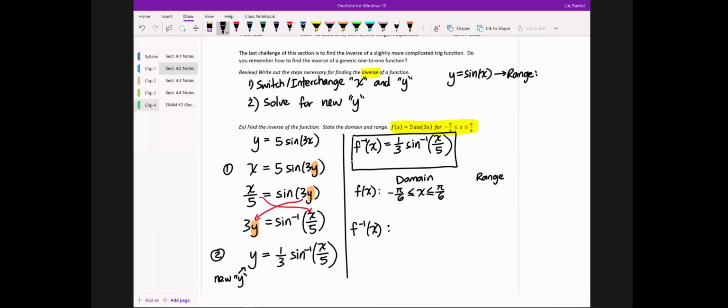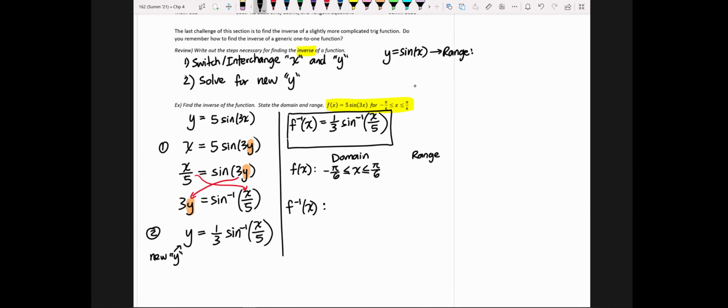Okay. We're going to Hector next. Hector, I think your mic is working, so please unmute. For our function, what transformations do we have? So what does that 5 do? When we multiply sine by 5, how does that transform our graph? I'm not sure, Professor.